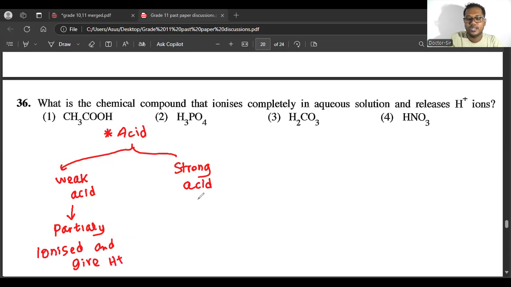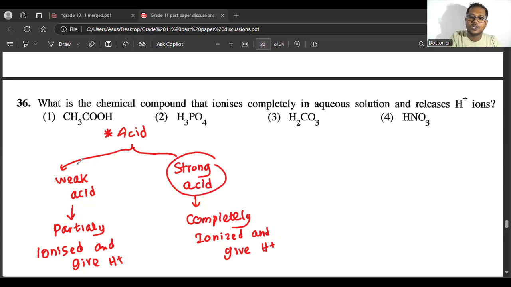Partially ionized, not just "break", that is not good. The strong acids are completely ionized and give H plus. So we have to find out which one is the strong acid and which one is the weak acid.